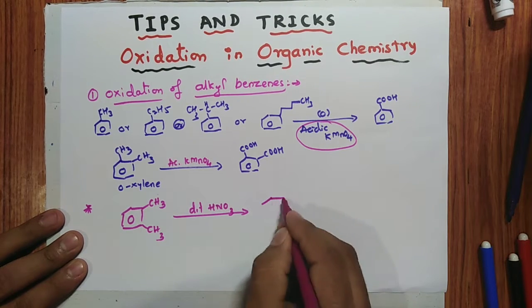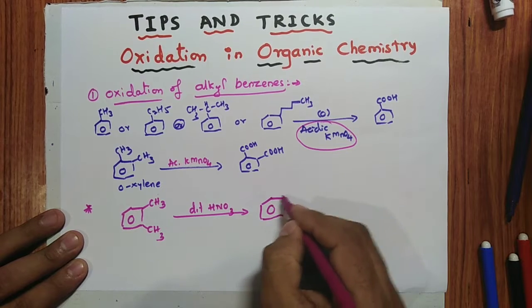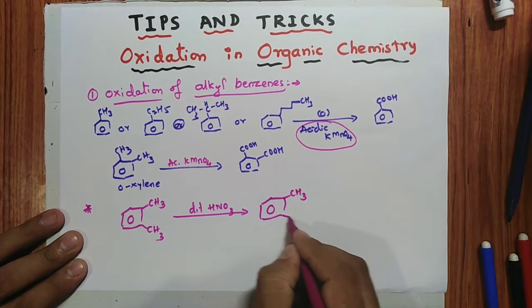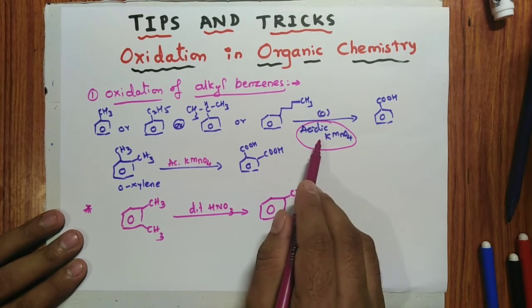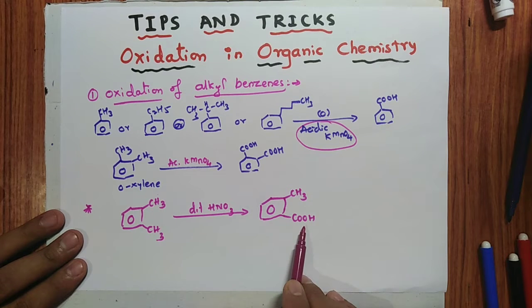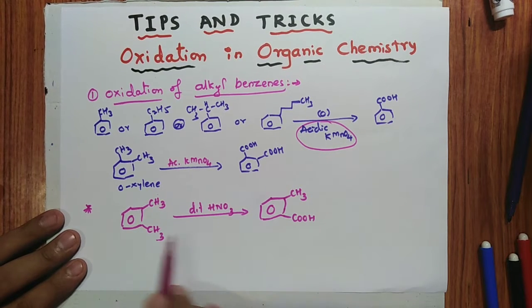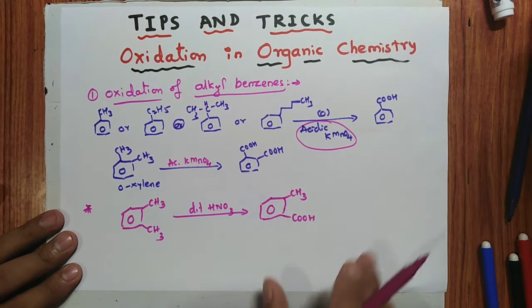Hence you are going to get the compound as CH3-C6H4-COOH. So if you want to convert both, you have to go for acidic KMnO4. If you want only one alkyl group to convert into carboxylic acid, then you have to go for dilute HNO3. This is the second important reagent in this case.